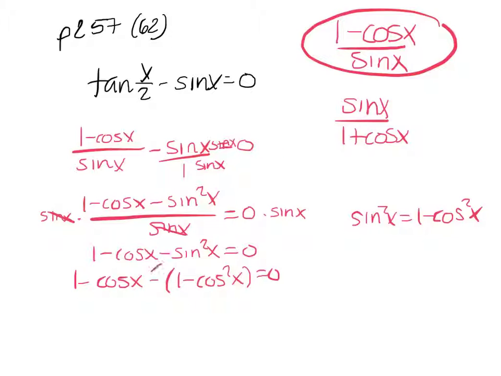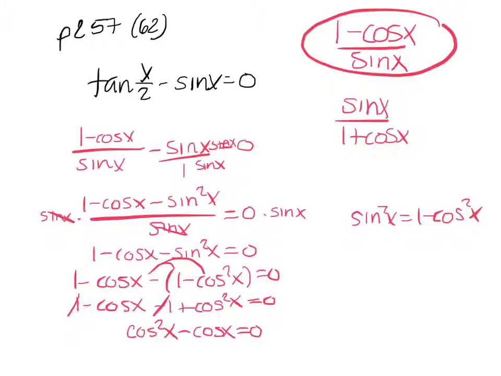And then to do this appropriately, we need to distribute the negative. And the 1's cancel out. So now I have cosine squared x minus cosine of x equals 0. Factor out a cosine.